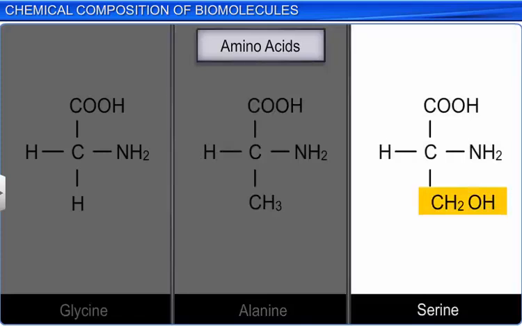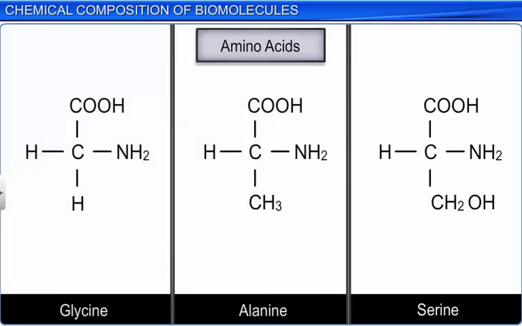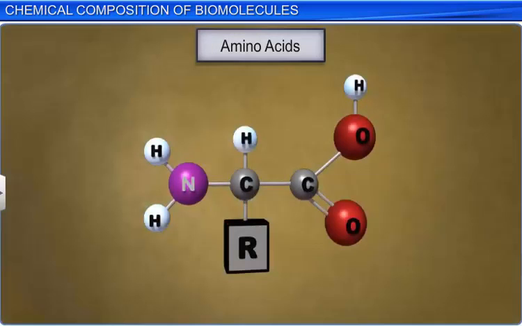The chemical and physical properties of amino acids are essentially those of the amino, carboxyl, and the R functional groups.